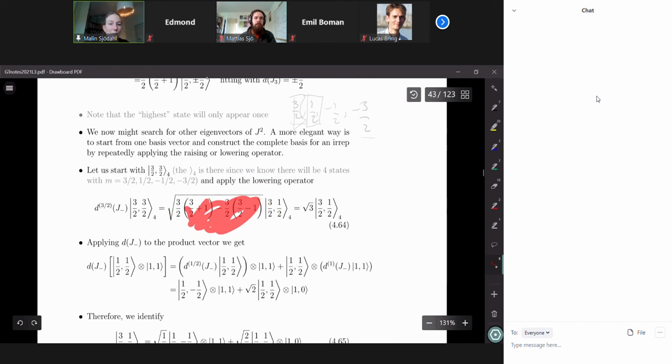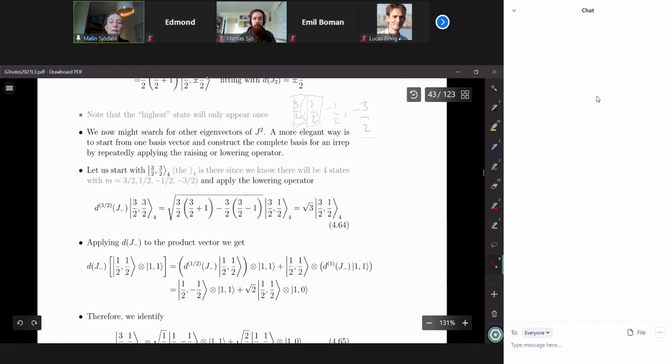And in that root, it was J times J plus 1 minus m times m minus 1 for J minus. So we have this factor here, and it turns out to be root 3. So it's root 3 times this state. So this is the state that we want in this 3/2 representation.